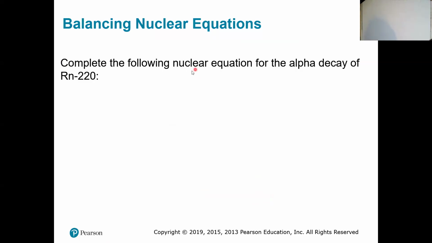All right, we have a couple of examples to look at for each type of radiation. This is asking us to complete the following nuclear equation for the alpha decay of Rn-220. When you are looking at a nuclear equation, you start by writing your reactants on the left side of your equation.